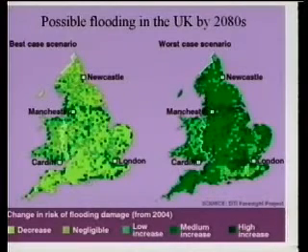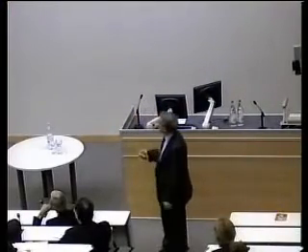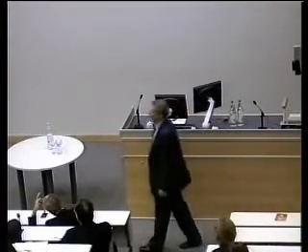When I first presented this in the House of Commons, I was asked please not to publish it because we're on a sufficiently small pixel scale that people would pick out that their house in my constituency was at risk. Now, what I had to point out is that this was going forward in time without a change in government policy.